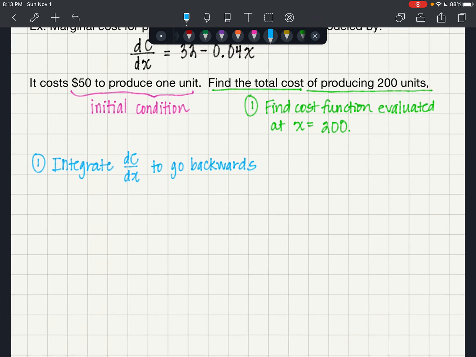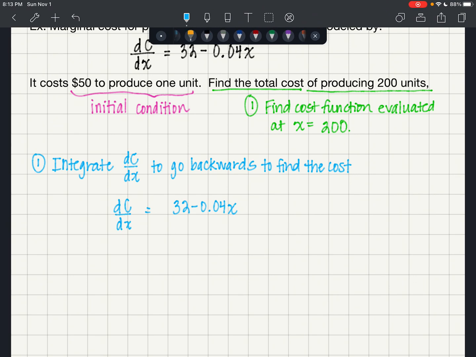and I'm going to show you something pretty cool here. I didn't say it in the other videos, but I'm going to say it right here. We've got dC/dx equals 32 minus 0.04x.